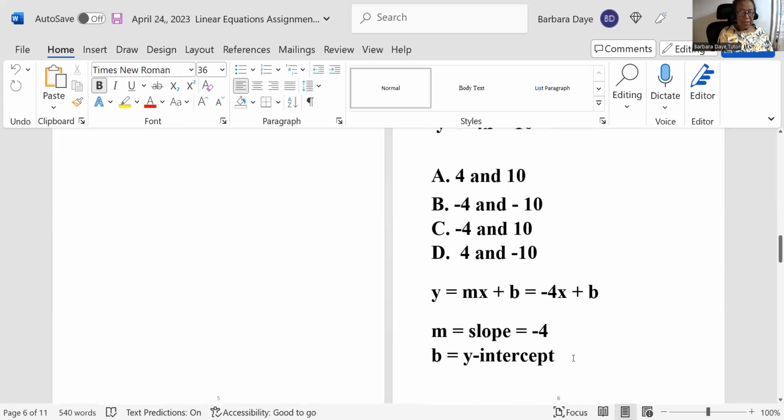So the y-intercept would just be equal to 10. So what answer is that? Minus 4 and a 10. C. That's it. Answer C. Very good. So you just look at this slope-intercept formula. The coefficient of the x is the slope. That's the minus 4. And the constant is the y-intercept.